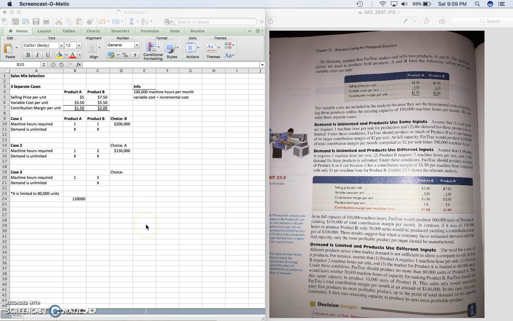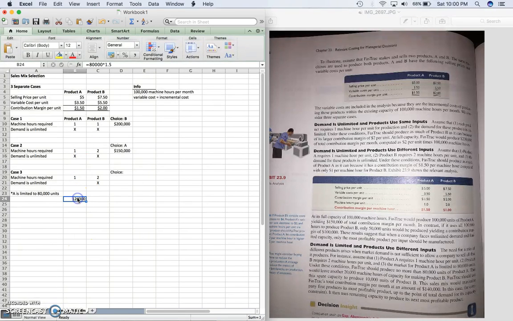All right, case 3 is a little different. It's similar to case 2. The machine hours required for product A is 1, and for product B it is 2 hours. However, the demand is limited for product A: it is limited to 80,000 units. So we take 80,000 times 1.5, which is $120,000.